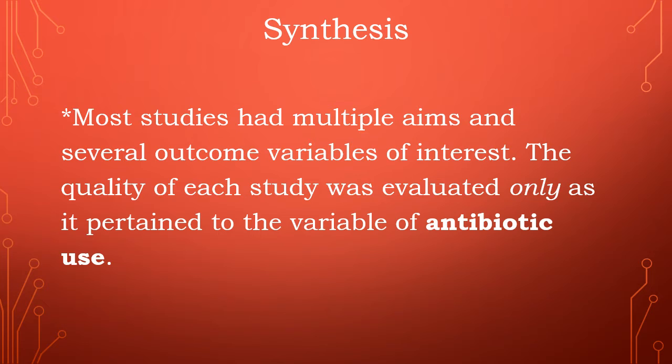Most had multiple outcome variables that they were looking at, of which antibiotic use was just one. So when I evaluated the studies, I evaluated them solely in the context of how the strength of the study related to evaluating the outcome variable of antibiotic use.